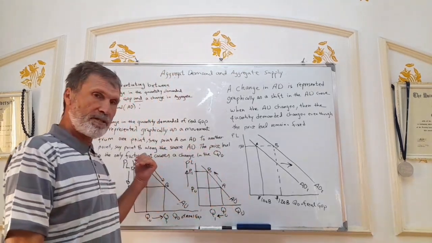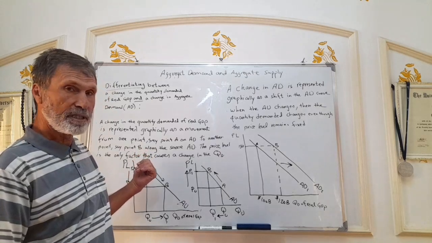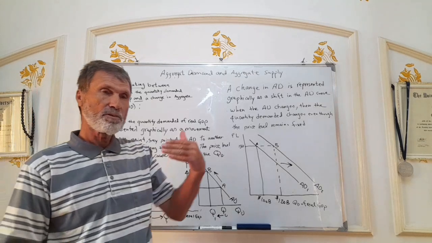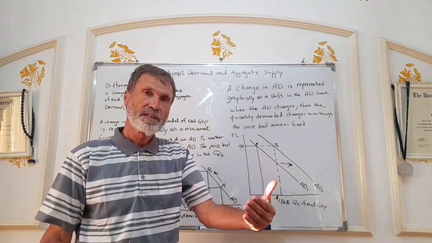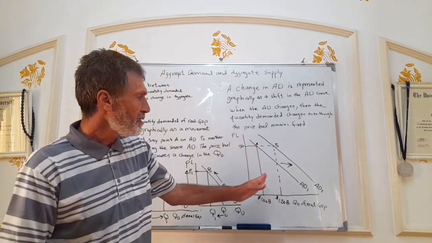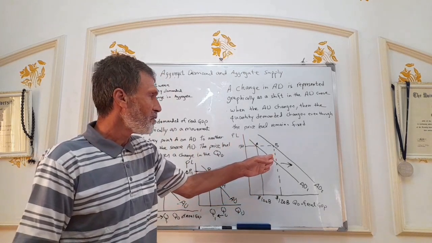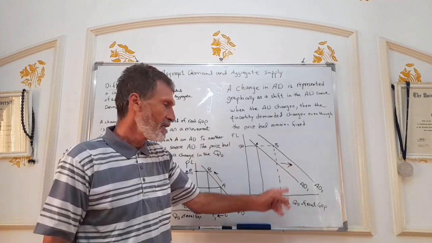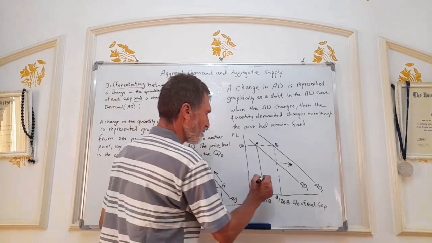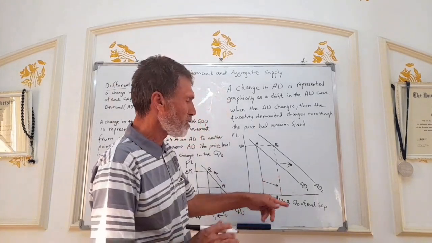In the case we already discussed, when the price level changes, the quantity demanded will change. Here, the price level stayed the same. However, when the aggregate demand shifts, the quantity demanded changes from 100 billion to 120 billion.